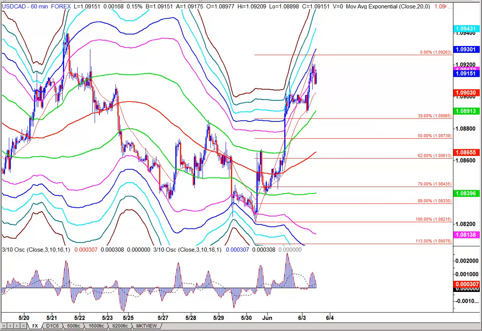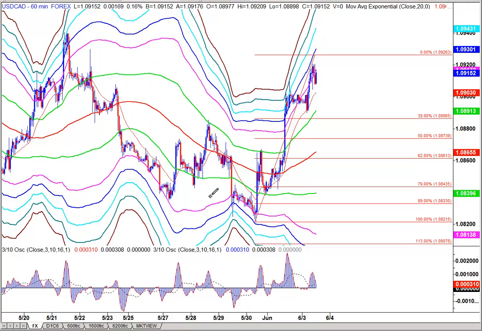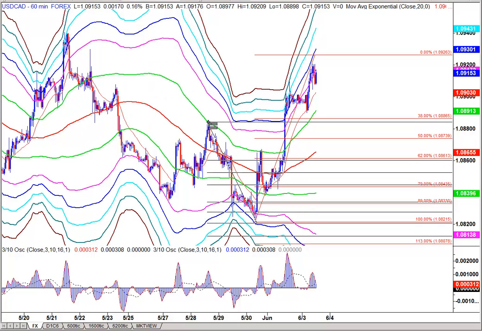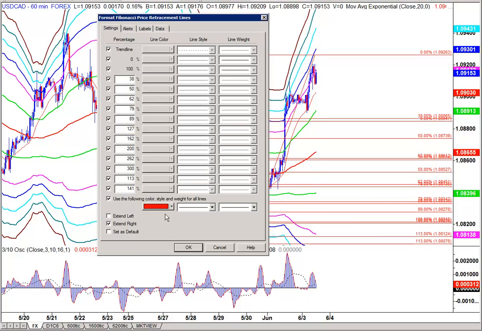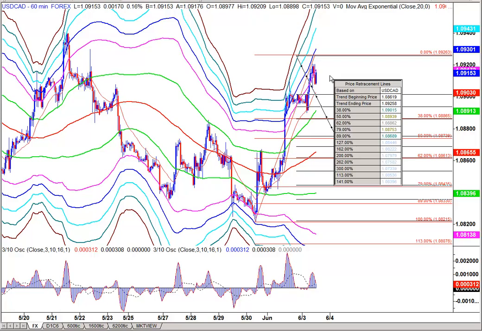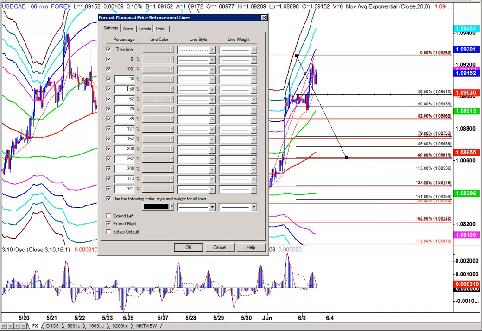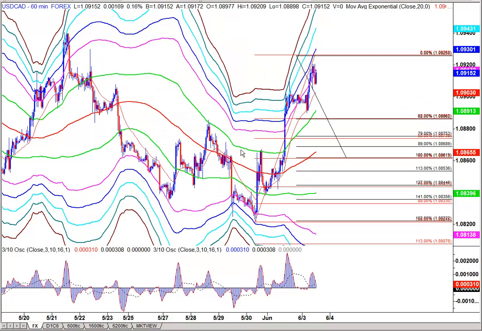So let's take a look at how far the market has gone down in the past. So we see that any retracement down possibly, let me get rid of this, 38 to 50.